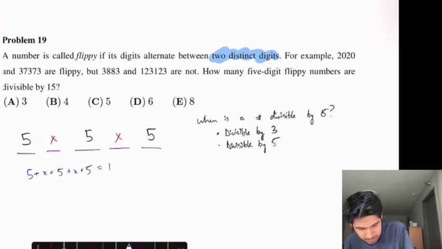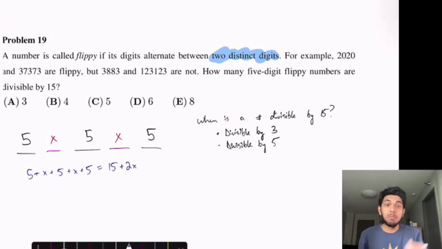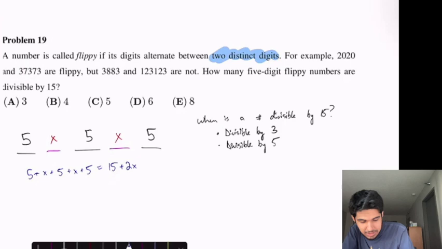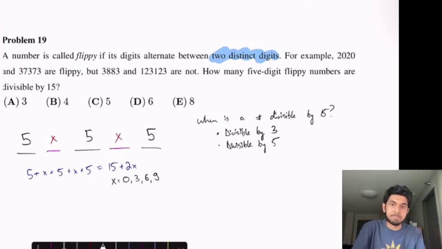That's 15 plus 2x. And we want this number to be divisible by 3. So that means 15 plus 2x should be divisible by 3. Well, 15 is already divisible by 3, so we would want 2x to also be divisible by 3. That means the only values of x that work are 0, 3, 6, and 9.